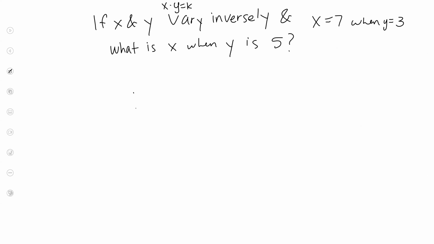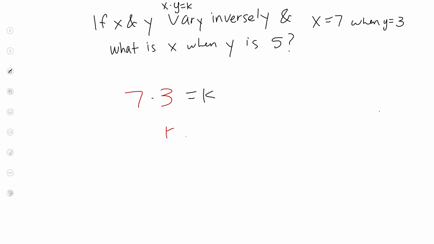This is always the formula. X times y equals k. Let's figure out what k is. What do you think I'm going to do to find out what k is? Yep, so what's my x and y value? Yep, 7 and 3. So I'm going to erase this, put a 7 there, erase this, and put a 3 there. Those are the x and y values they gave me.